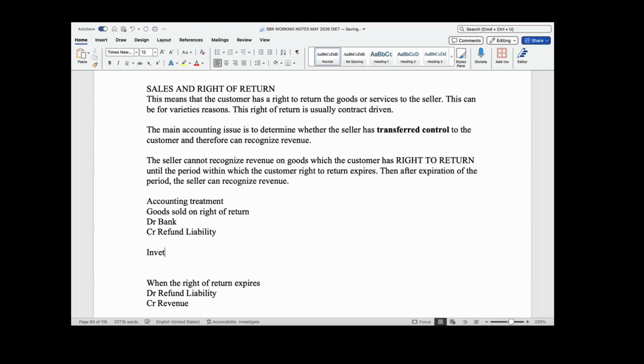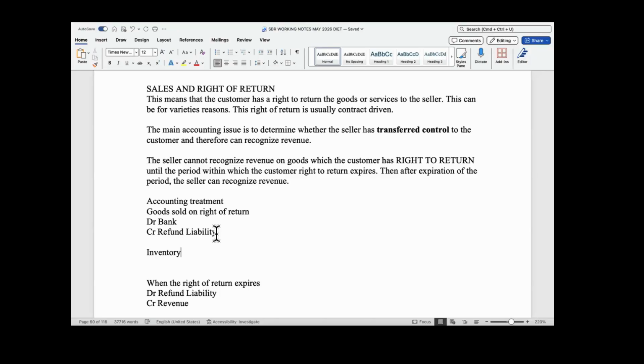There is inventory in your books. You need to reduce it. Your closing inventory will have reduced. Your closing inventory will have been impacted because you have sold goods.